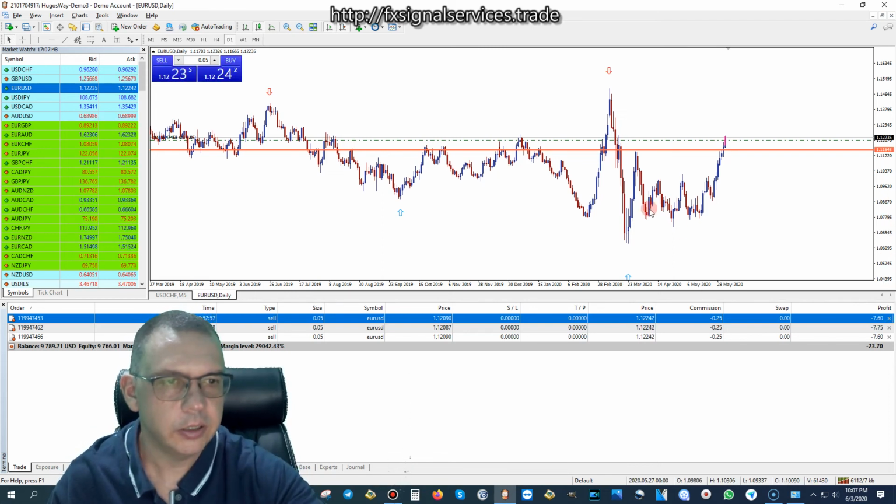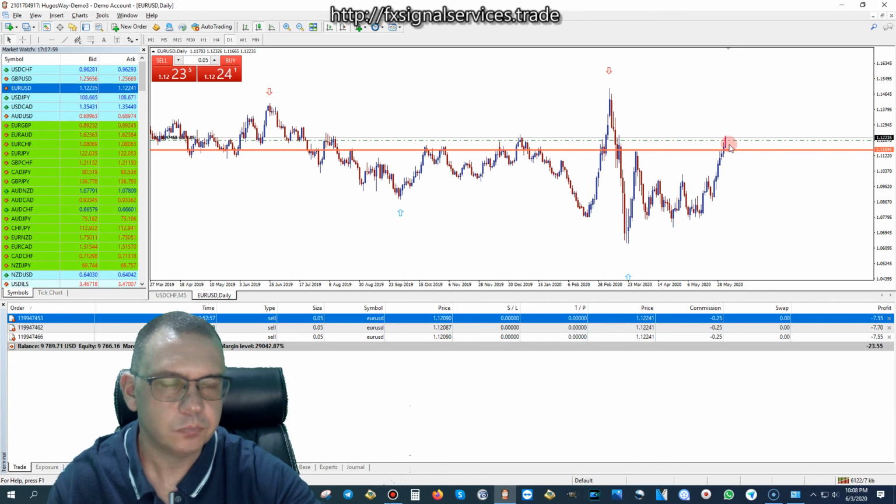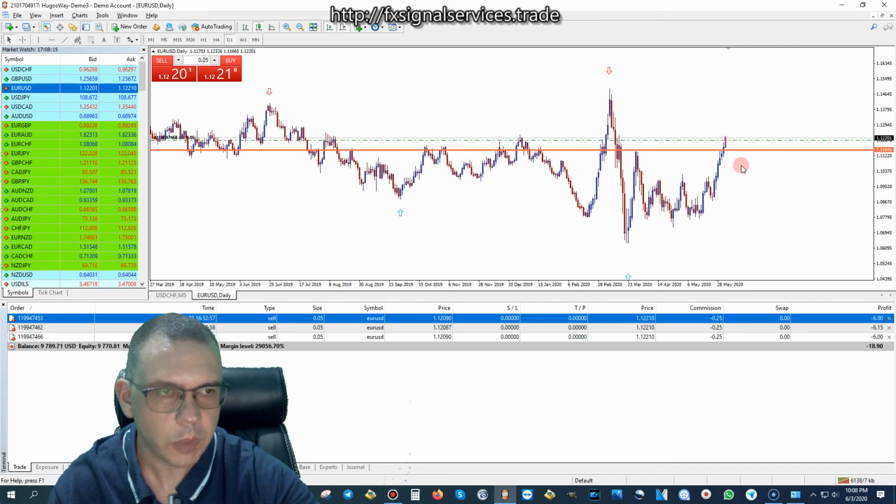Now, you see here on the daily chart, we had the price go up and back down numerous times, and it's going to happen again before we ever see another red arrow. Okay, so I would not place a buy trade right now on the daily chart, simply because if you place the buy trade right now, price is going to drop a ways. Okay, it could drop even 1,000 points, we don't know, before it goes back up. So I would not recommend placing a buy trade right now.